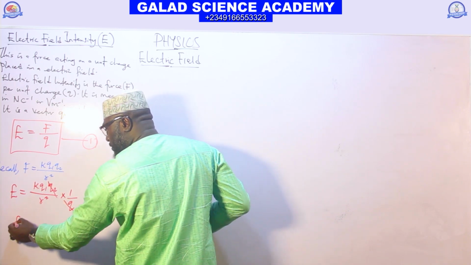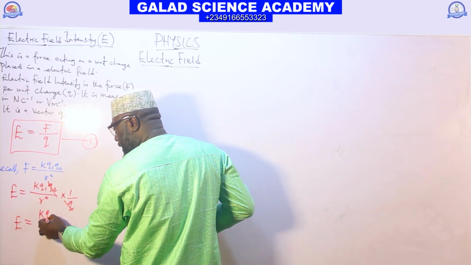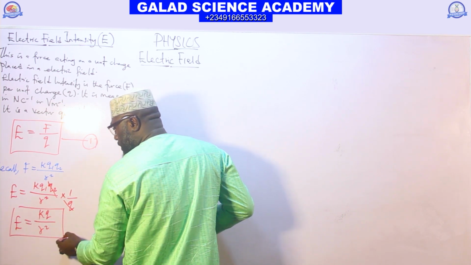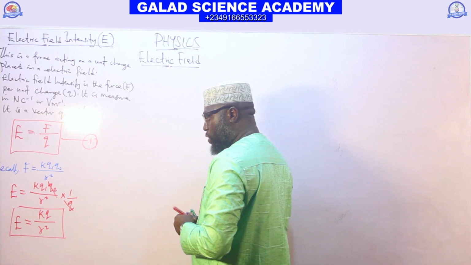E should be equal to K Q over R square. So this is the electric field intensity.